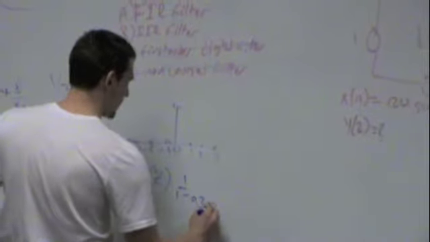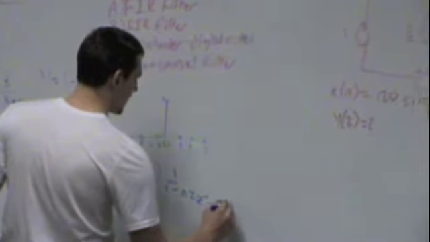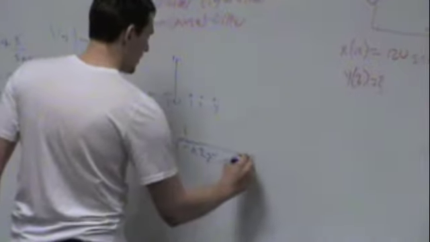So, going back to our definition from over here, we have x of z times 1 over 1 minus 0.2 z negative 1 minus 0.1 z negative 2 equals y of n.